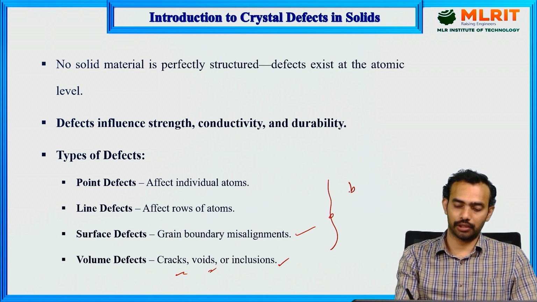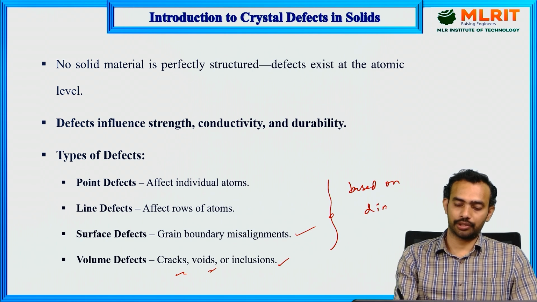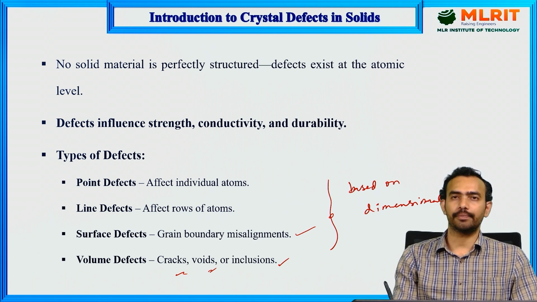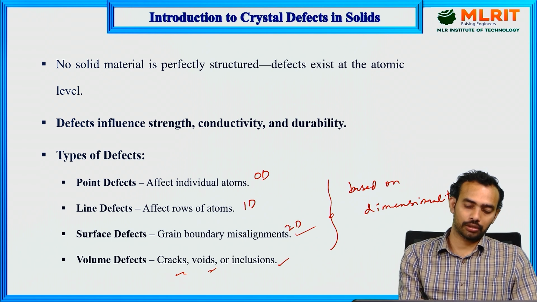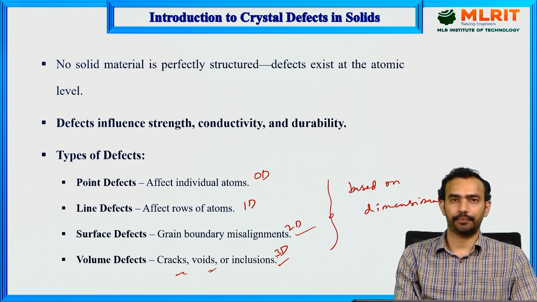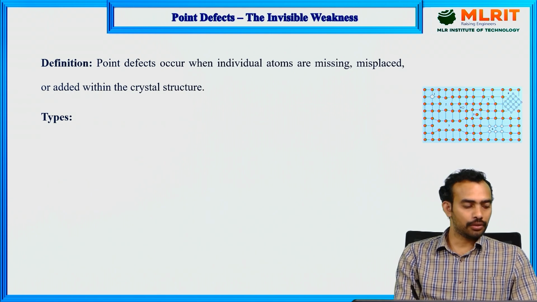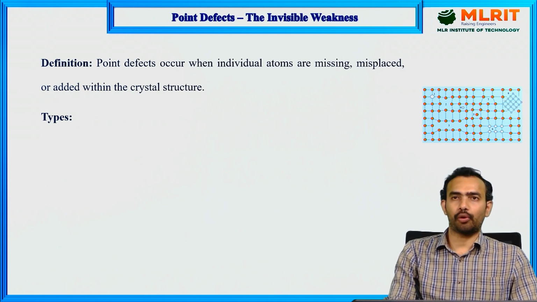This is zero-dimensional, 0D, this is 1D, this is 2D, and this is 3D. In today's lecture we will discuss more about point defects.